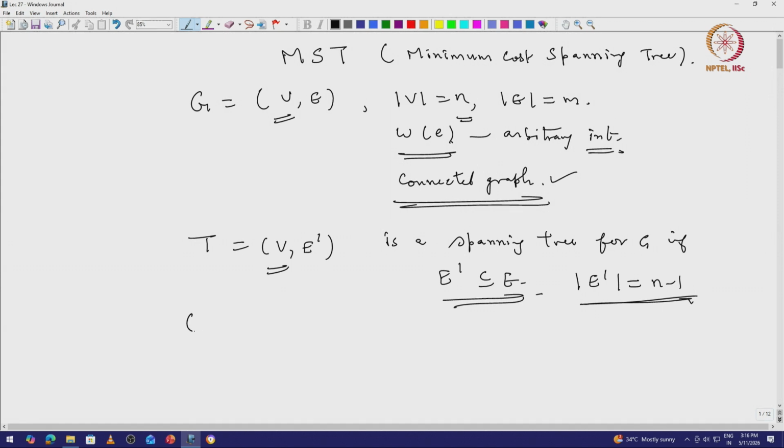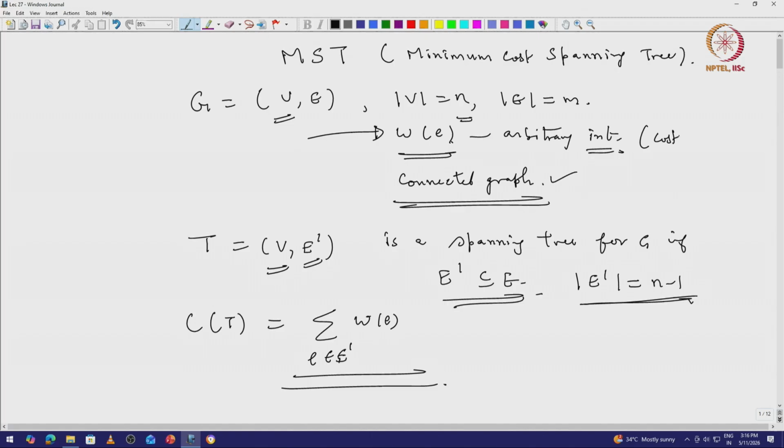Cost of a spanning tree is the sum of the weights of the edges found in the tree. There are n minus 1 edges, and each edge will have a cost according to this cost function. This is called the cost function or a weight function.